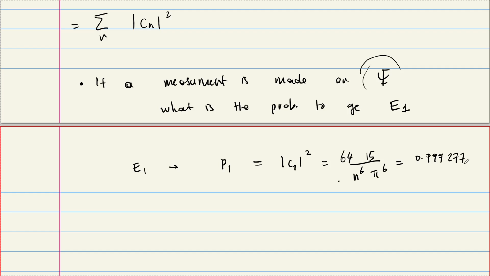Yes, so now the key is, if there is one electron and you do one measurement, the state is going to collapse to this ground state. And from now on, if you do the same measurement, you are going to get E1 100%.